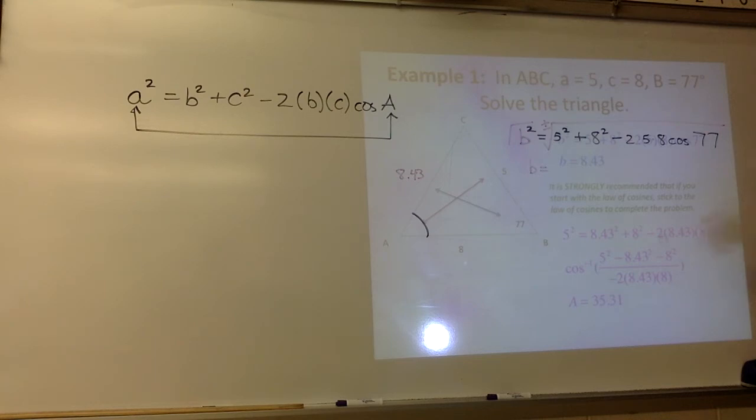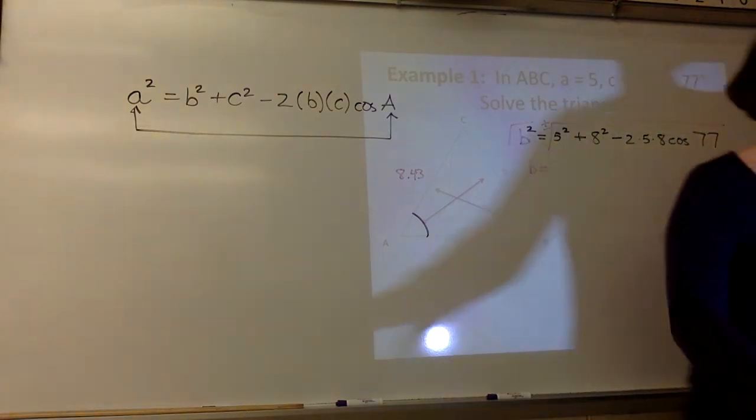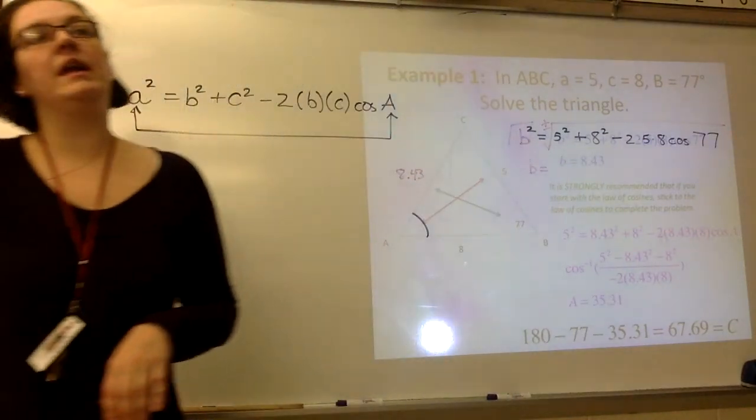Do the whole top, get your answer, divide, and then take the inverse cosine of that answer. Once you have this angle, 35.31, we then would simply subtract from 180.